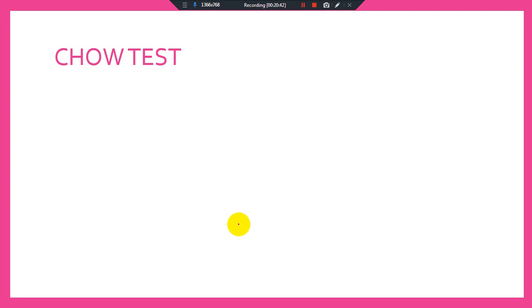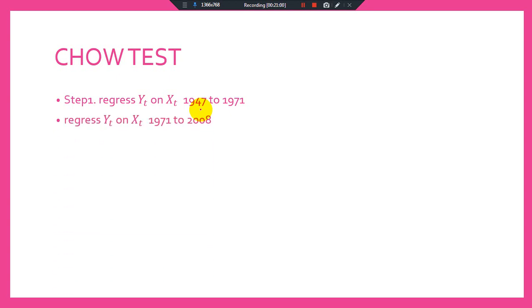Now we conduct the Chow test. The first step for the Chow test is to regress yt on xt for the period of 1947 to 71, and regress yt on xt for the period of 1971 to 2008.